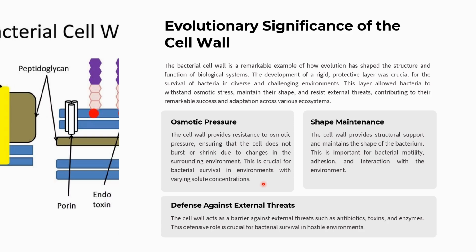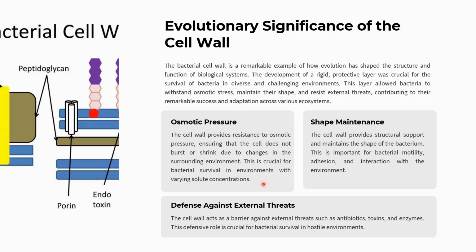The peptidoglycan layer in the bacterial cell wall is specifically designed to handle osmotic stress. This semi-rigid mesh-like structure of the peptidoglycan layer accommodates minor swelling, ensuring that the cell can absorb water without bursting.